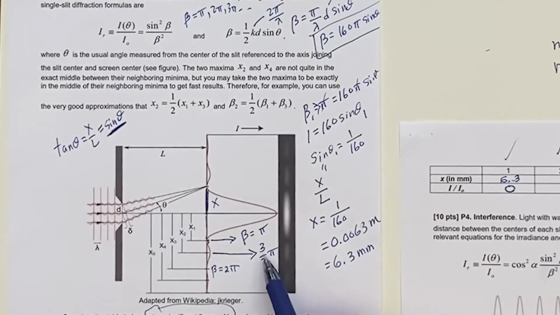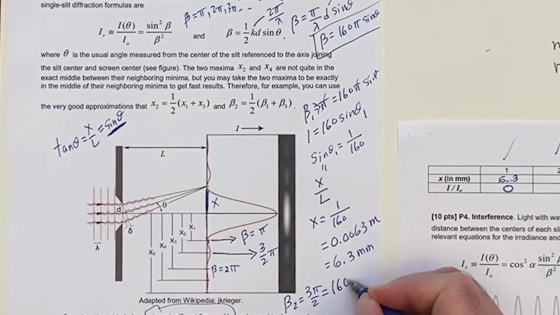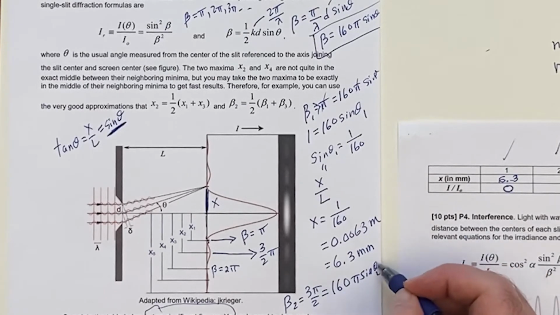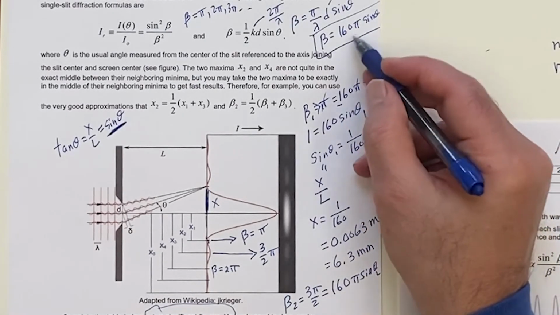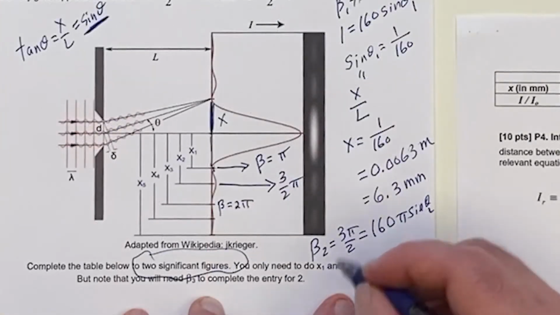Here, we're going to use the 3/2 pi. So that means the beta 2 is 3 pi over 2. And then I use my master formula, which is 160 pi sine of theta. And that's the second theta. All right, just using my formula from before, this 160 pi sine theta. So then now we really should write it again.